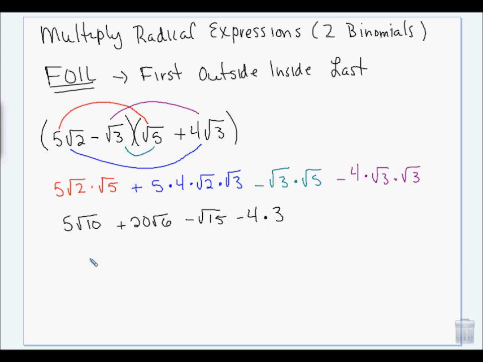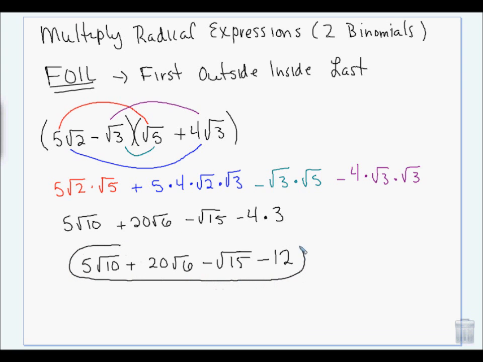So the only thing I can really do is multiply that 4 and 3. And then you're done. I know it's really long looking and you're used to simplifying things to be smaller than this, but you can't combine any of these. So that's the correct answer.